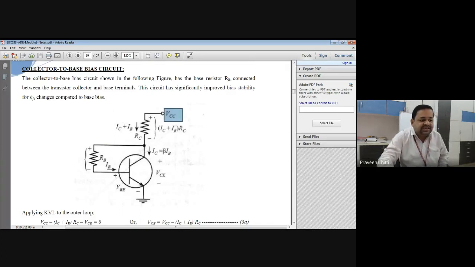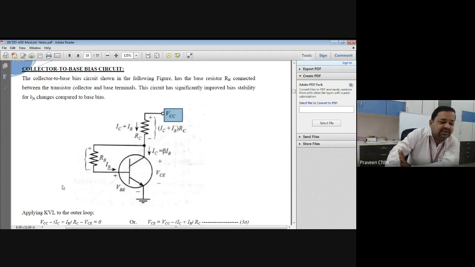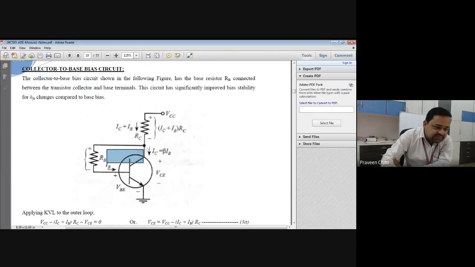Because in the previous case, the value of IB was entirely depending on VCC. But in this case, indirectly again it depends on VCC only, but directly the value of IB depends upon the collector to base voltage. Whatever the voltage exists between the collector point and the base point, the value of IB depends on that. Hence, this circuit is called the collector to base bias circuit.